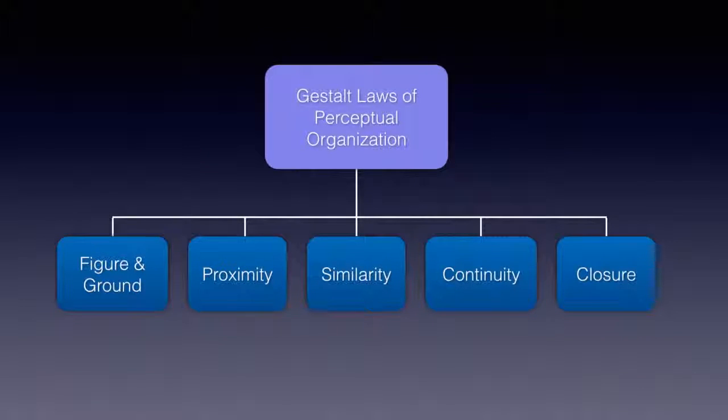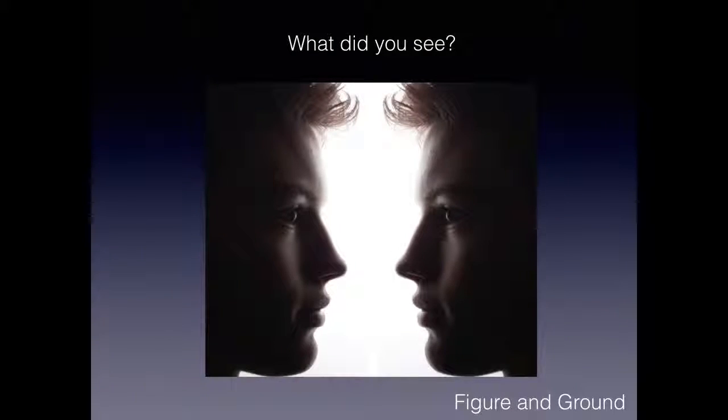Another one is called the Gestalt laws of perceptual organization. Examples are figure and ground, proximity, similarity, continuity, and culture. What you see in this one is the figure and ground of a boy. Can you see anything else?